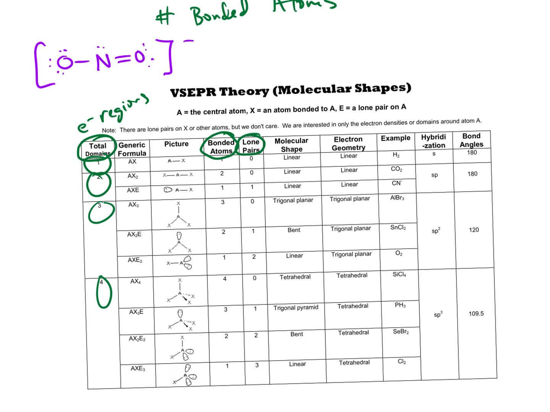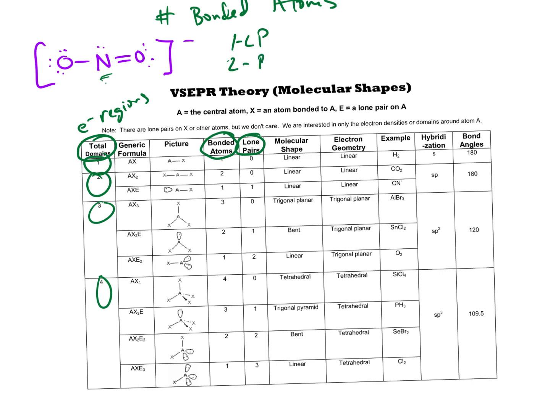So how many lone pairs do we have for this compound? We're only considering the central atom. We have 2 electrons, but how many lone pairs? Just 1 lone pair, right? And how many bonded atoms do we have? 2 oxygens are bonded to nitrogen, right?